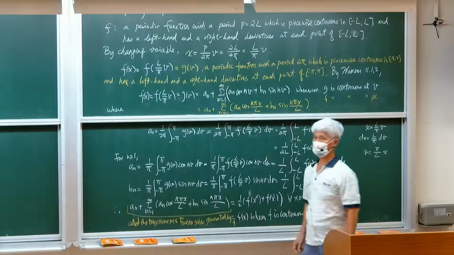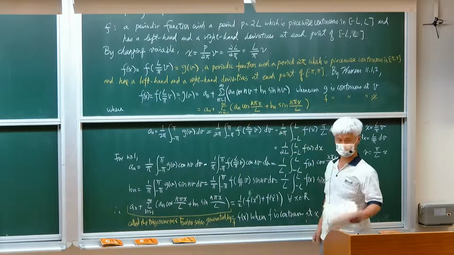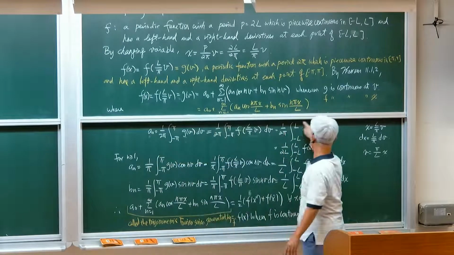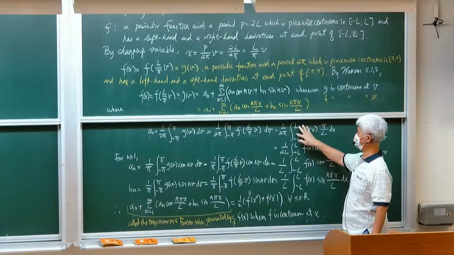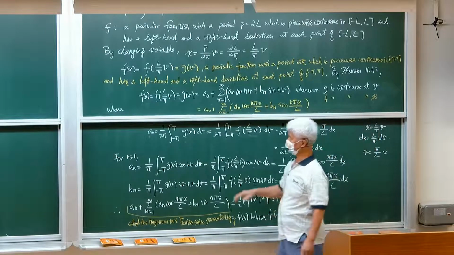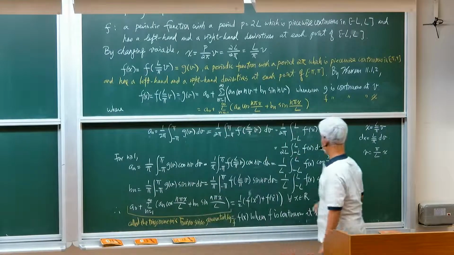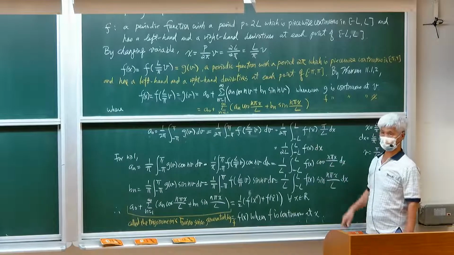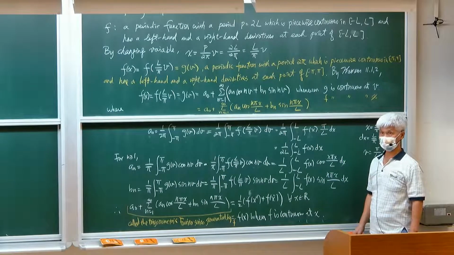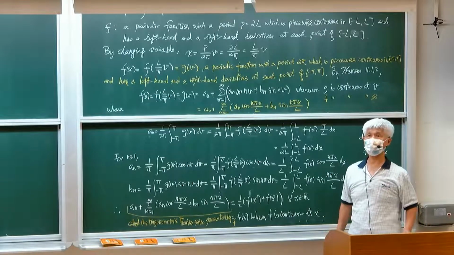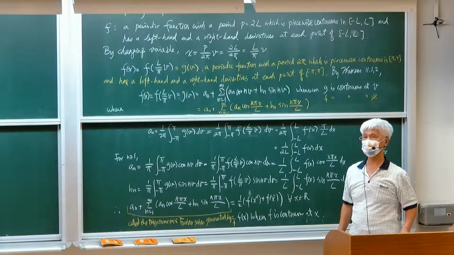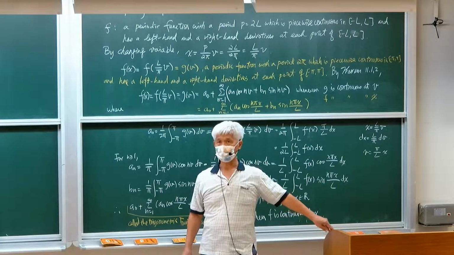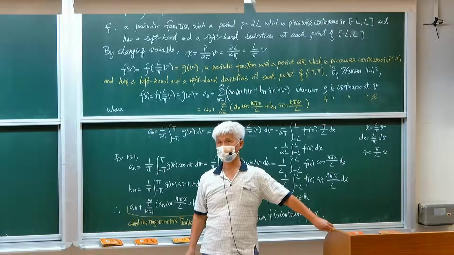The coefficient A0 is computed from f of x directly over one period, and the An, Bn are also computed by using this formula. This formula is also called Euler's formula in general. Any questions? If no questions, then we will take a break up to 2:30.